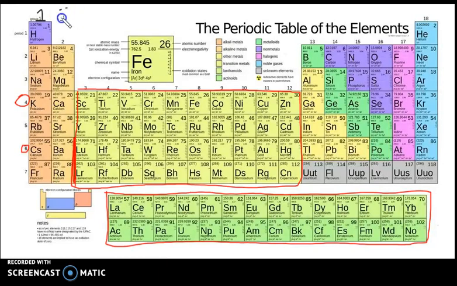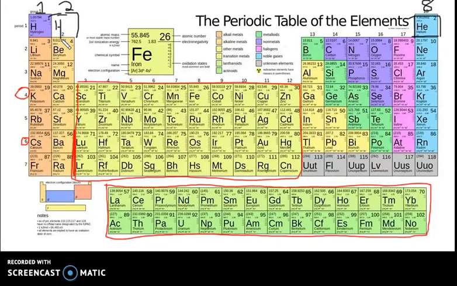But this is where it gets a little bit tricky, because what about our little friend helium over here? In the first energy level, remember that it only gets 2 electrons. In this column over here, since it's at the end of the periodic table, you would think it has 8 valence electrons. But helium doesn't get 8 valence electrons because it belongs in a box right next to hydrogen.